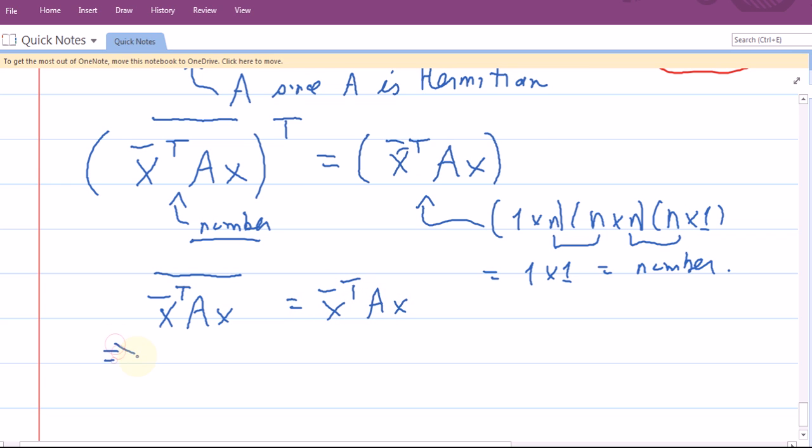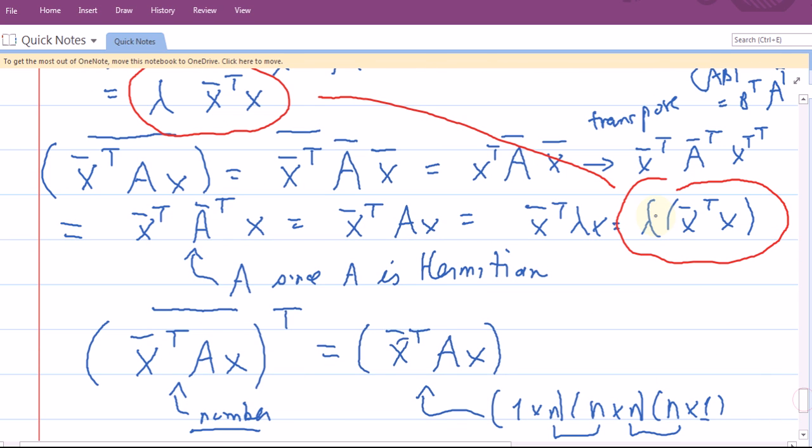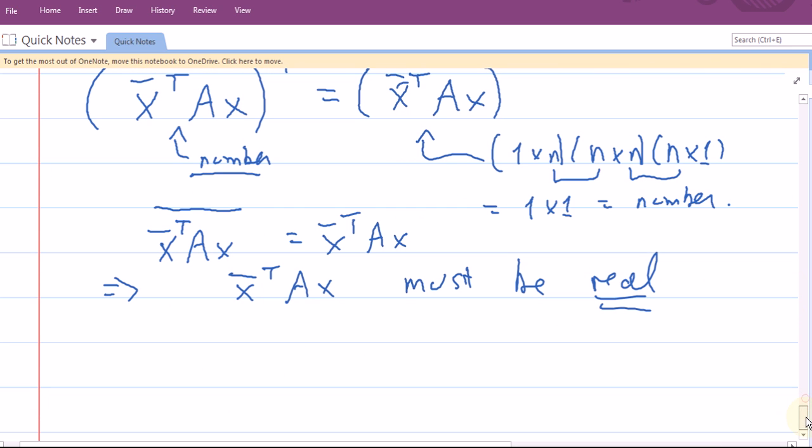So that tells me that x conjugate transpose Ax must be real. Now up top here we had an expression for x conjugate transpose Ax. It was equal to lambda times x conjugate transpose times x. Okay. So that means that lambda times x conjugate transpose times x must be real.